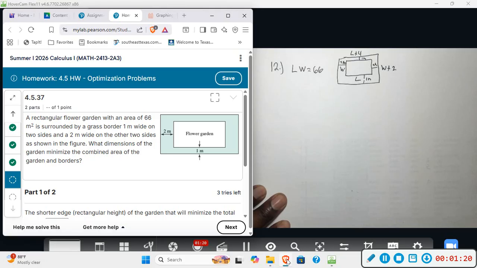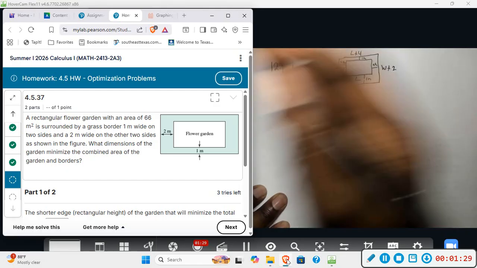We want to find the dimensions of the garden that minimize the combined area of the garden and border.